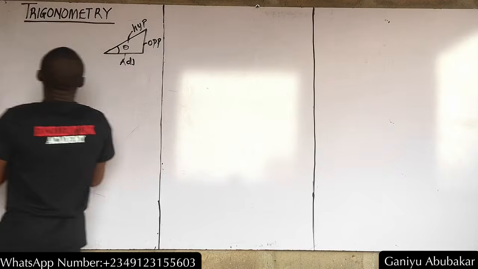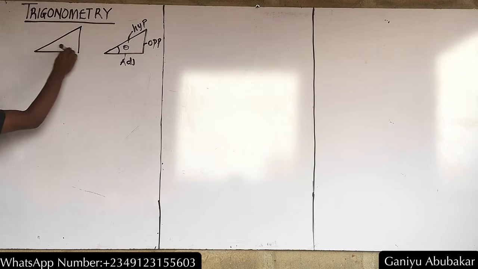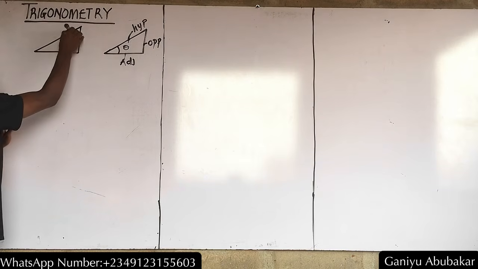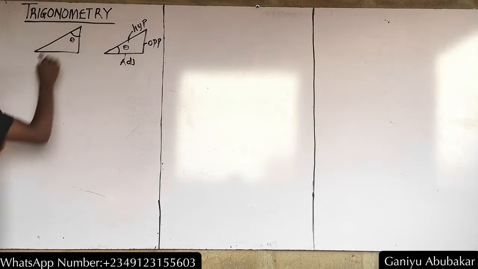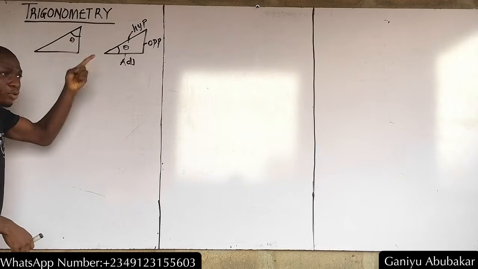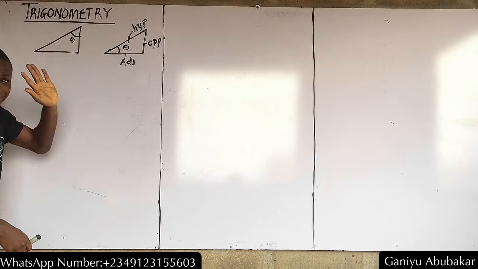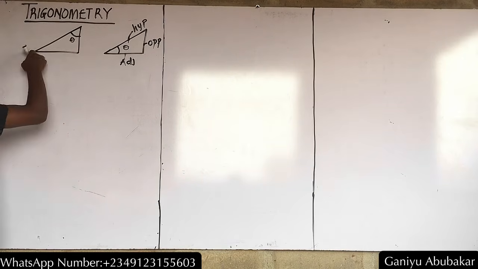So if I'm given a right angle triangle, and my angle is at this point, my priority is to get two things: the hypotenuse and the opposite. The remaining one will become the adjacent. My hypotenuse is the longest side here.